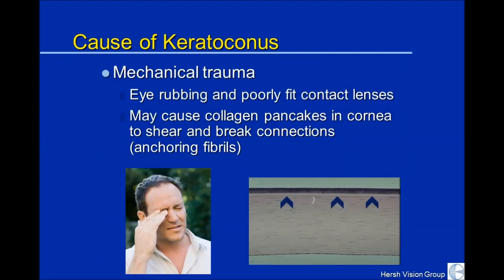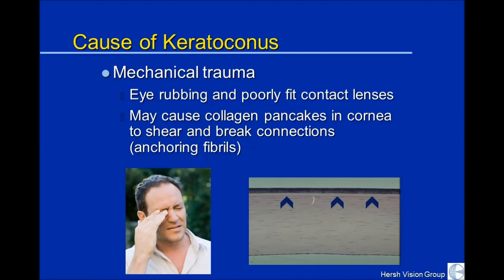There are some things that you may do as a patient that can also cause keratoconus to possibly occur, but certainly to get worse. And this is mechanical trauma, eye rubbing. If you rub your eyes, the rubbing can actually cause shearing of the collagen pancakes.